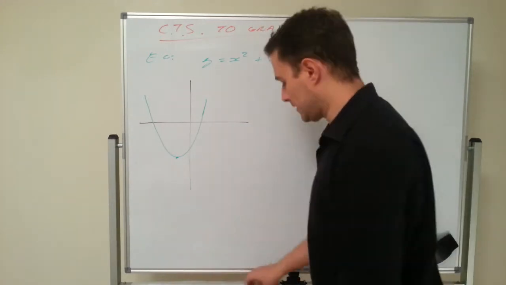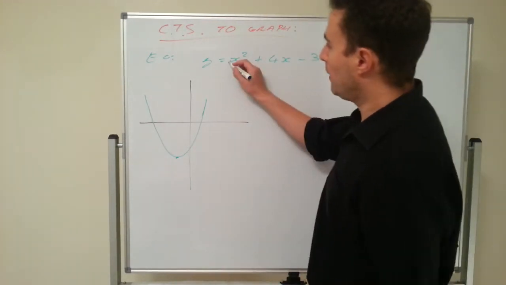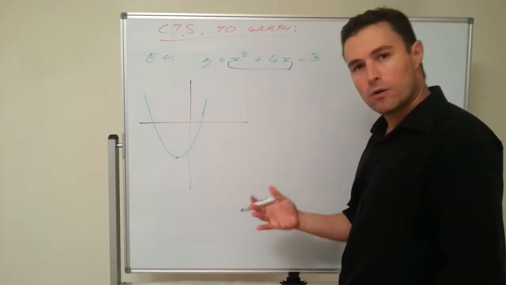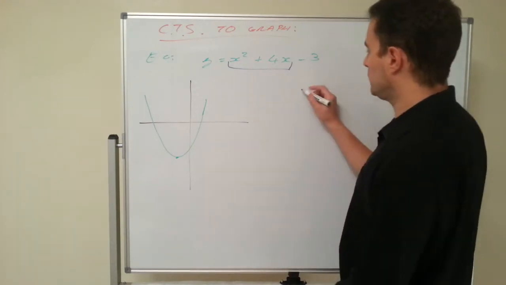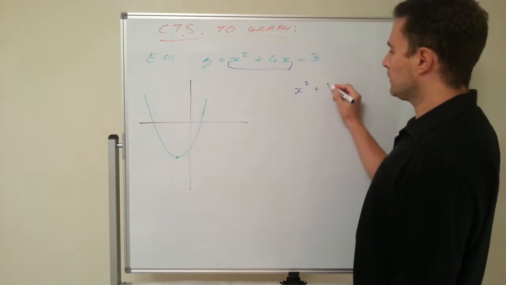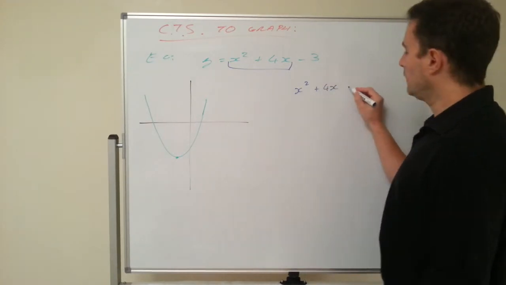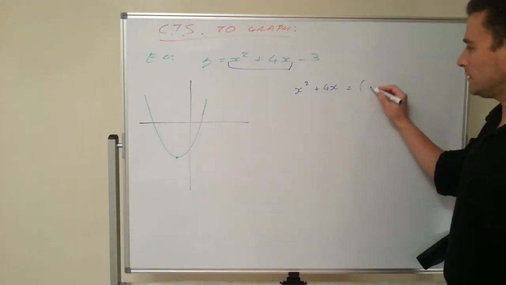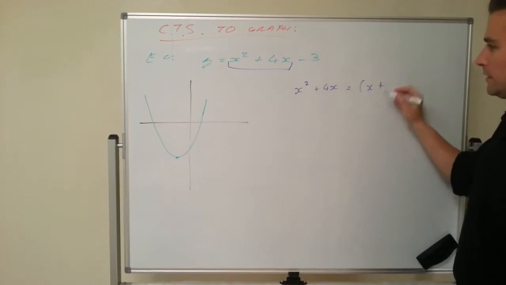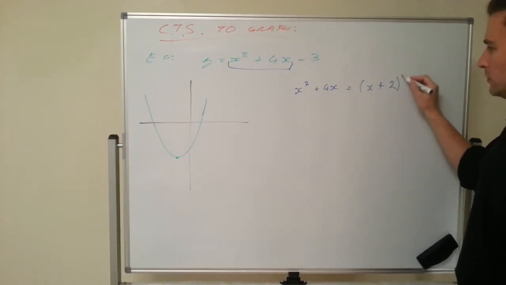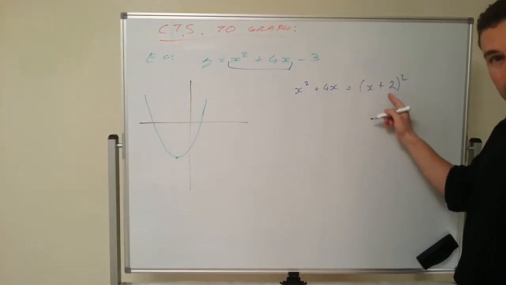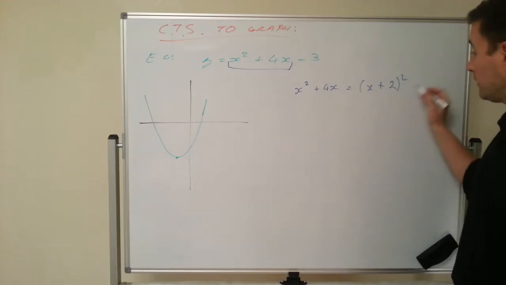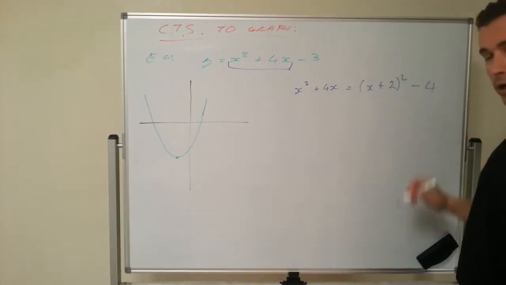I'm going to get this into completing the square form. Like I said before, I'm just going to worry about the x squared plus 4x part for now. So what is this? This is x, same sign, plus half of that, 2, squared. Fix the 2 squared that pops out, minus 2 squared, which is 4.